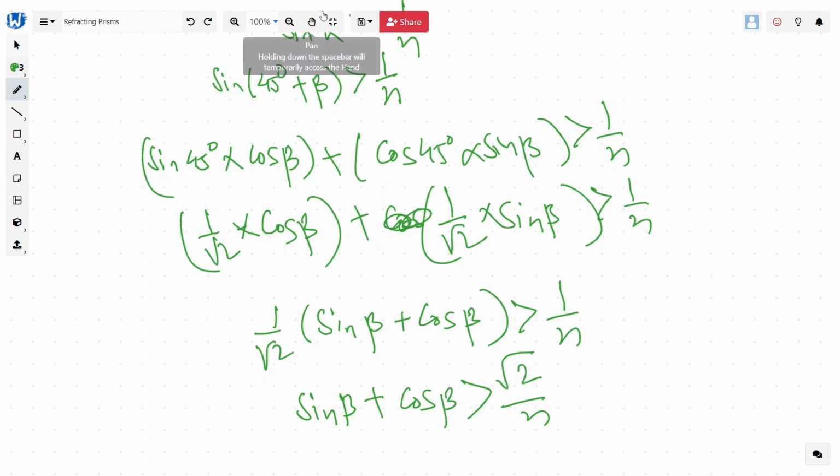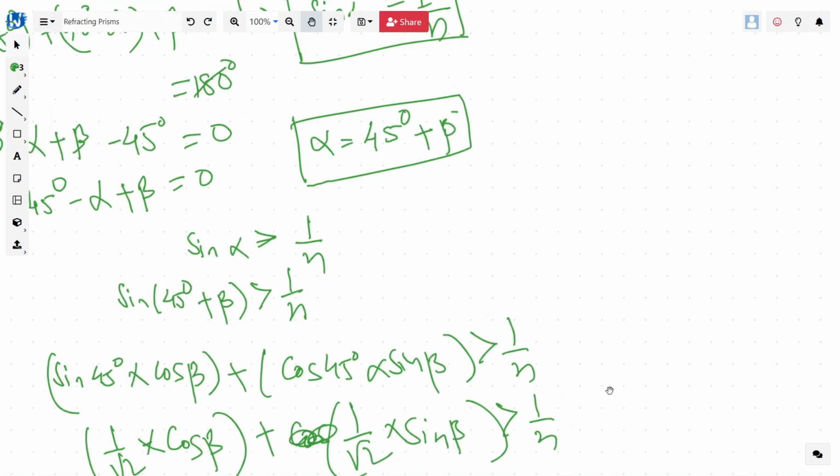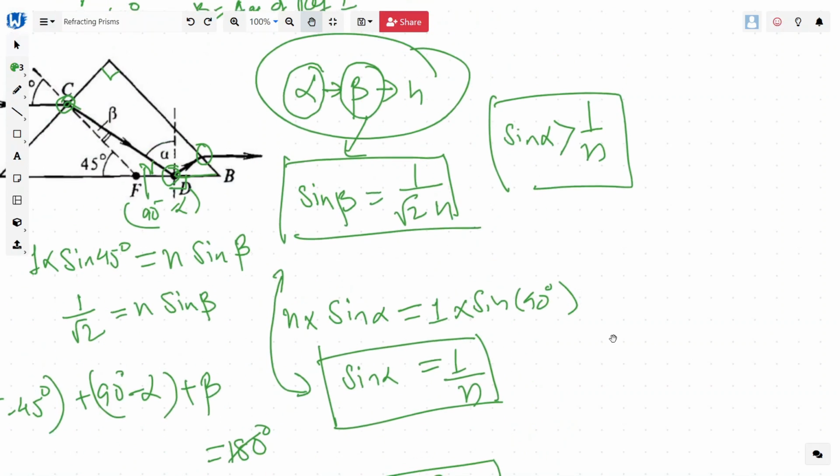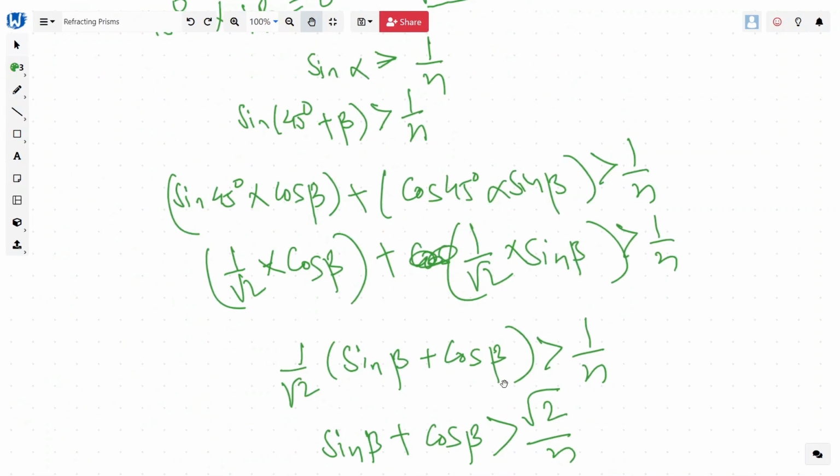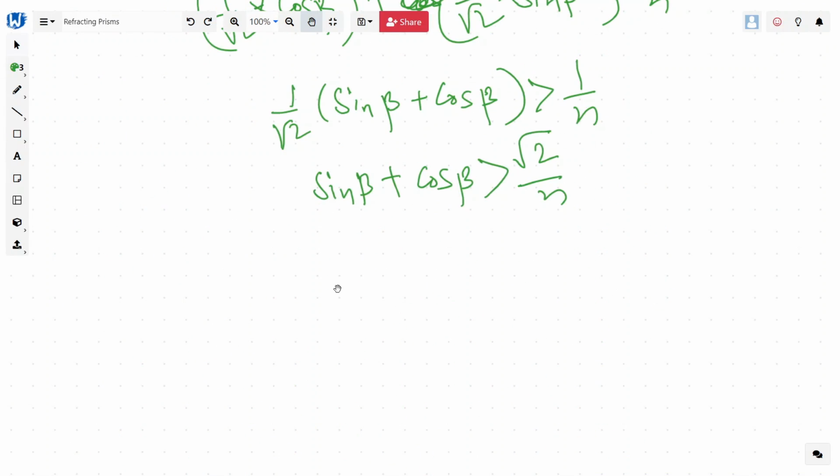Now we need to just plug in for beta as a function of n, and we'll be done. So we know the sine beta is 1 by root 2n. Okay. So sine beta we have already derived, so we will plug in there.